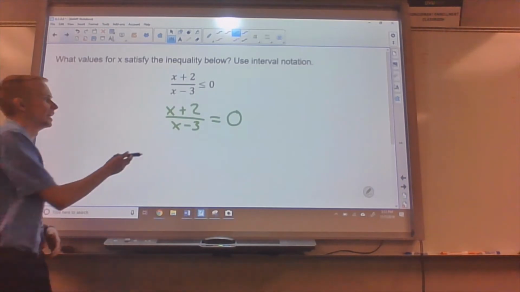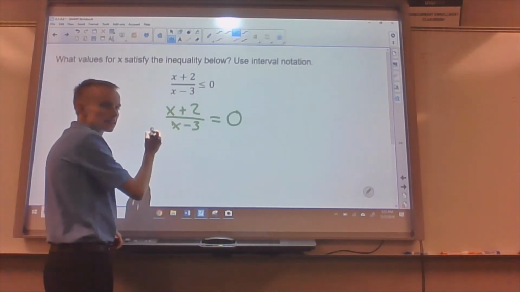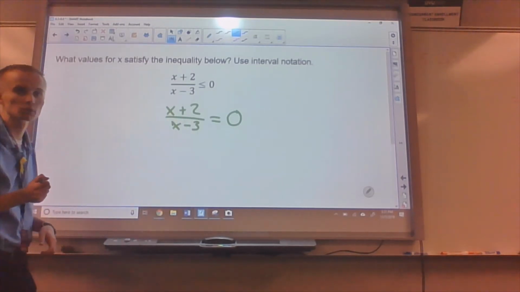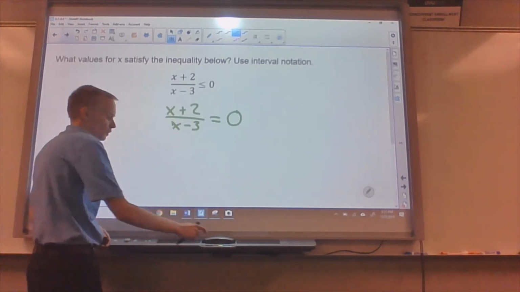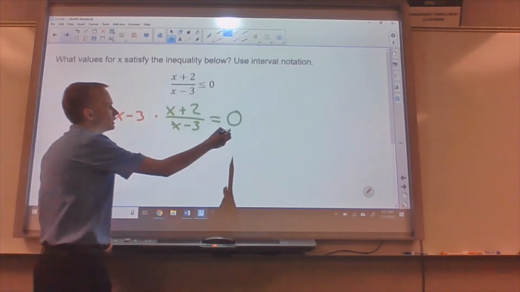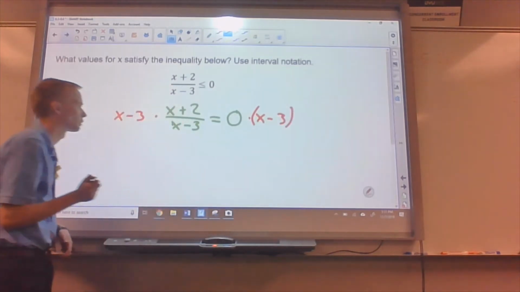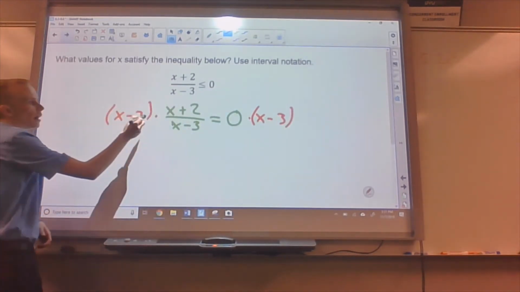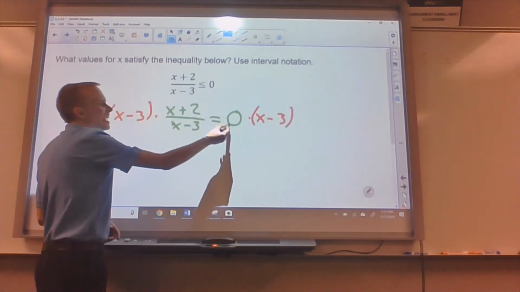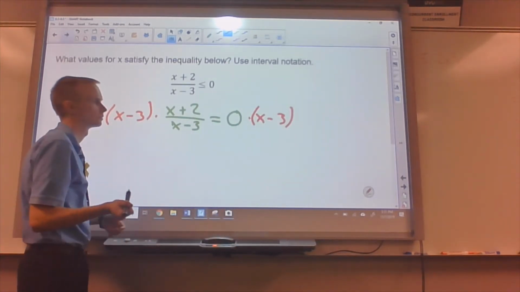Okay, which to do this, I can multiply both sides by the denominator to get rid of it. So if I multiply by x minus 3 on both sides of the equation, that would cancel out the bottom, and 0 times anything is still just 0, right?